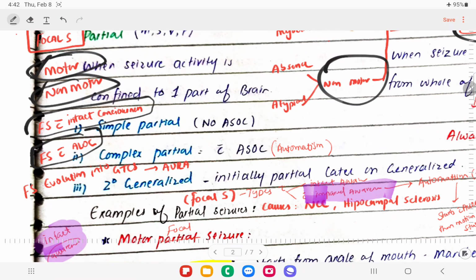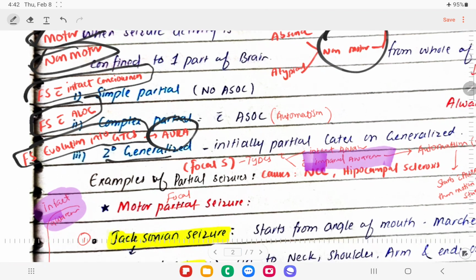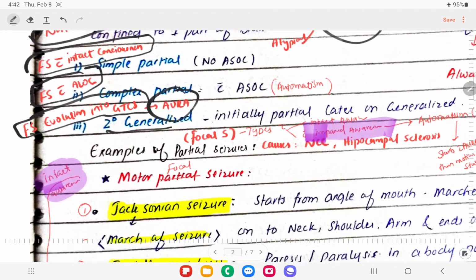Focal seizure, previously called secondary generalized, is now called focal seizure evolving into GTCS, that is generalized tonic-clonic seizures, and it will be preceded by aura, right? So focal type, focal seizures.